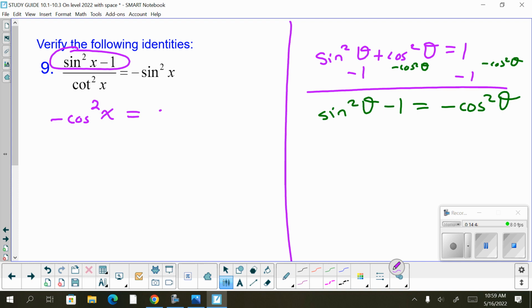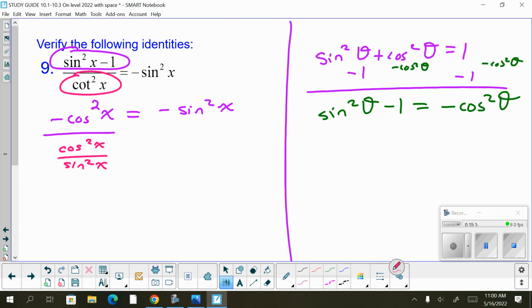Now the whole idea with simplifying is you cannot work on the right. So the right's just going to chill out. I'm not going to do any work on the right. What I'm going to do with this cotangent squared theta is just replace it with cosine over sine. Cosine over sine, and I'm making it squared because there's two cotangents, so two cosines and two sines.